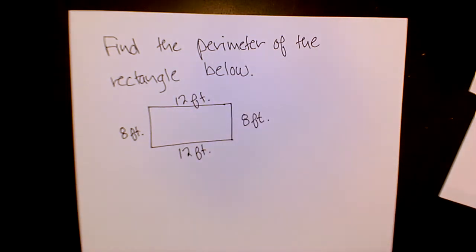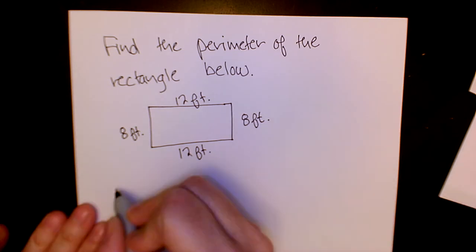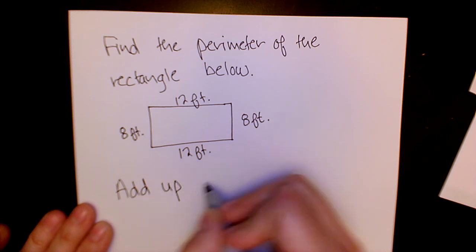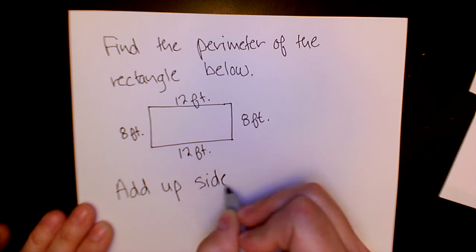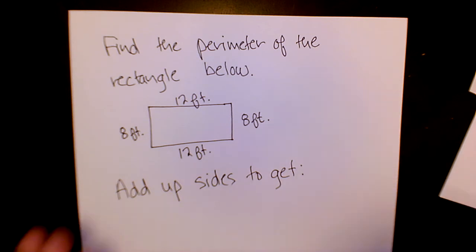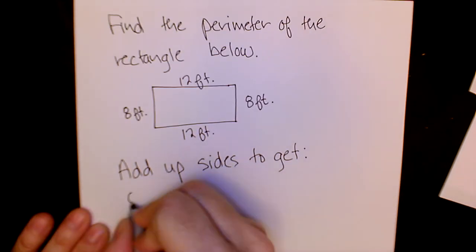So the width is 8 feet and the length is 12 feet. So again, all you do is add up all the sides. That's all you got to do, is add up all the sides.